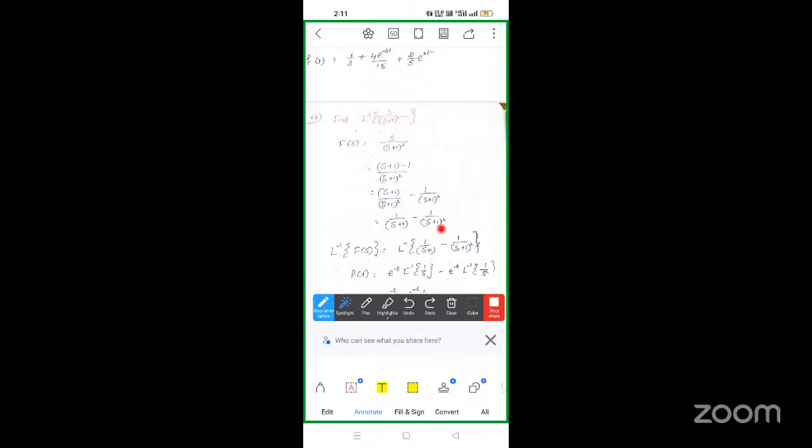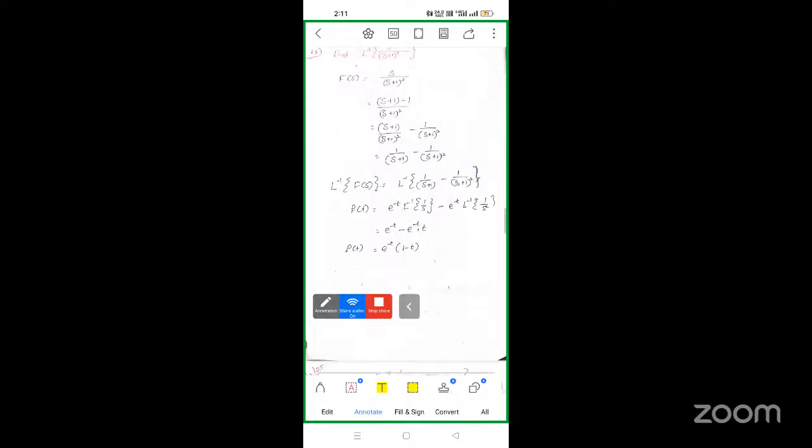So taking L inverse on both sides, L inverse of F of s is equal to L inverse of 1 by s plus 1 minus 1 by s plus 1 whole square. By using the first shifting theorem, e power minus t, L inverse of 1 by s. Next here also e power minus t L inverse of 1 by s square.